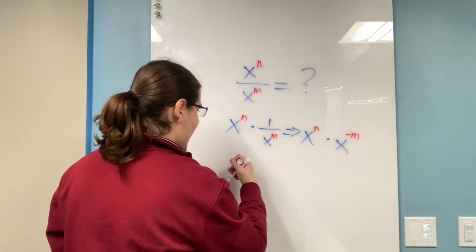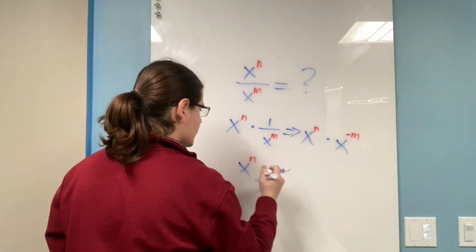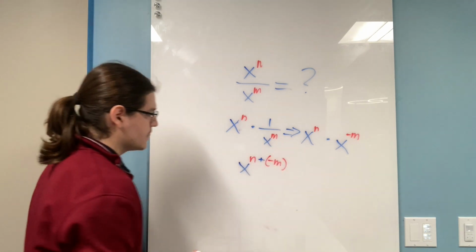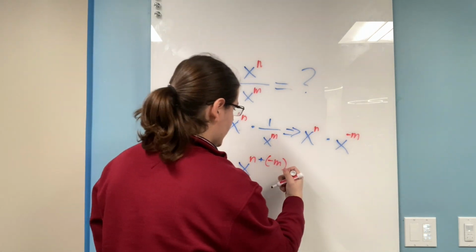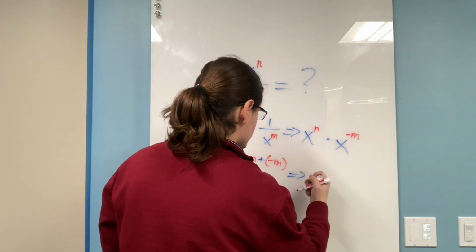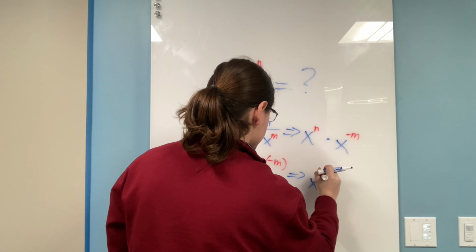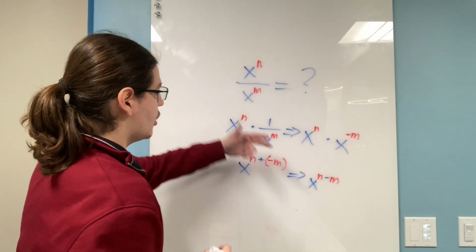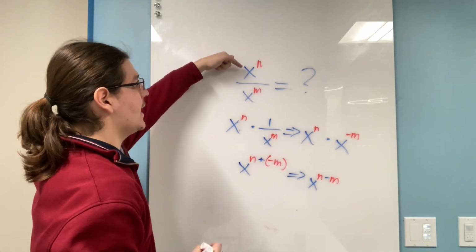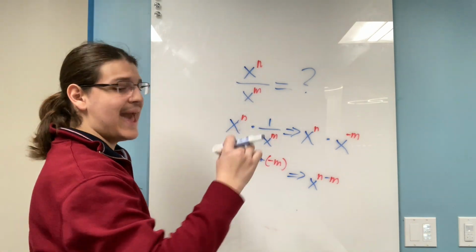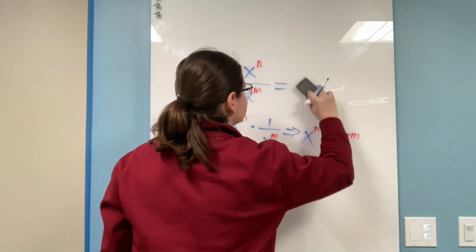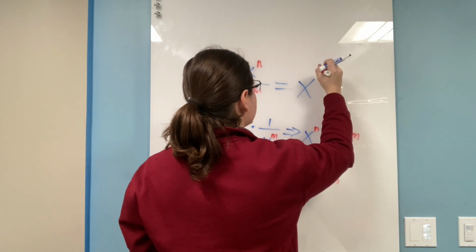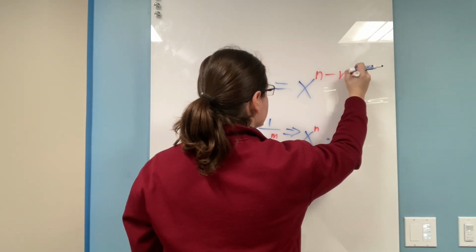So we would get x to the n plus negative m, which simplifies to x to the n minus m. So this shows that x to the n over x to the m is the same thing as having x raised to the power n minus m.